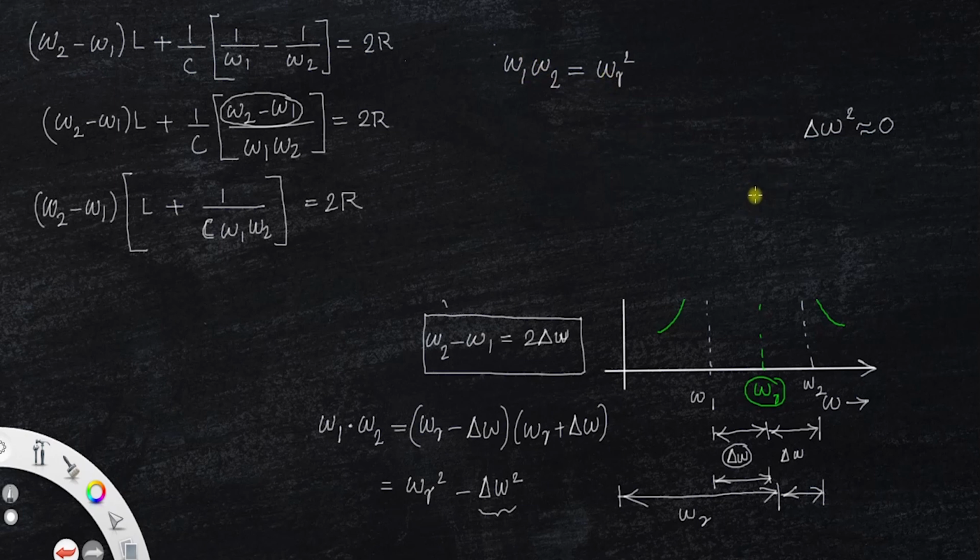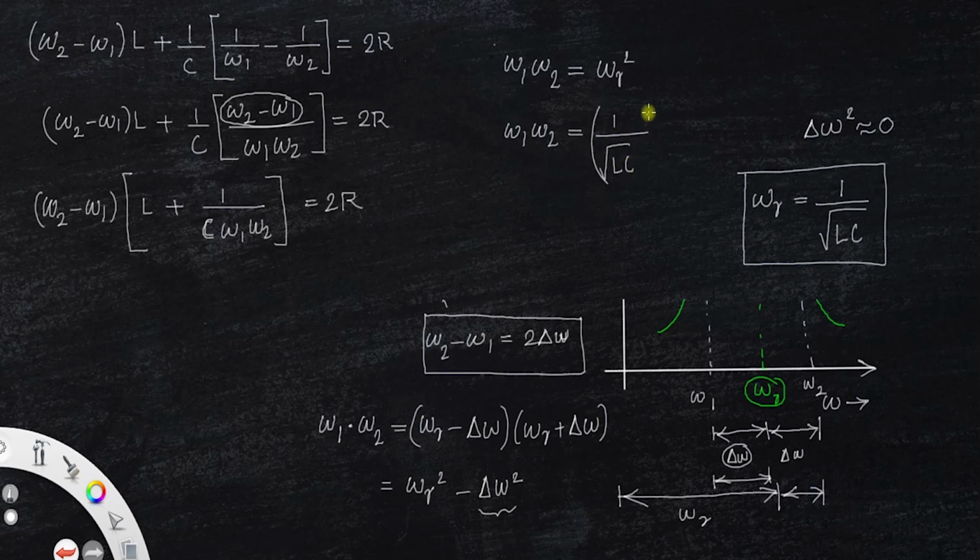And in the LCR circuit, we already derived this expression: omega r is 1 by root LC, where L is the inductance and C is the capacitance. So omega 1 omega 2 will be 1 by root of LC whole square, which is equal to 1 by LC. Clear?